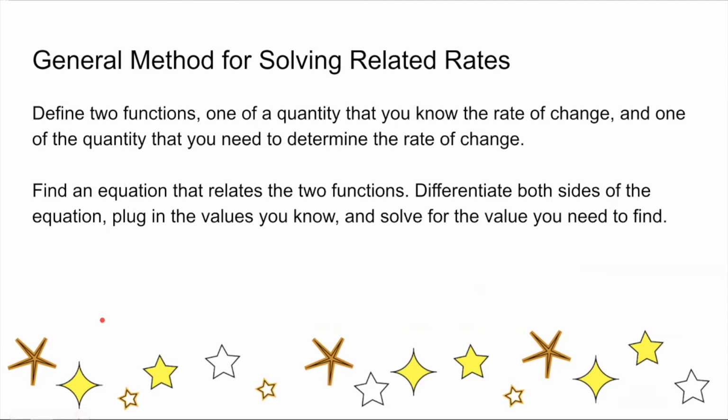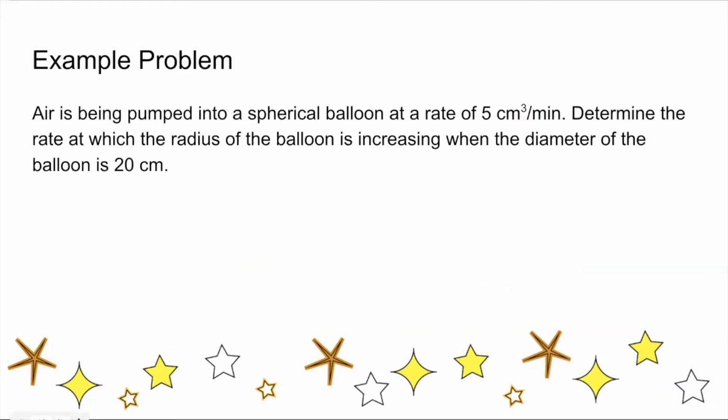So the general method for solving these problems is to define two functions, one of a quantity that you know the rate of change and one that you don't know the rate of change, and find an equation that relates the two functions, differentiate both sides of the equation, plug in the values you know, and solve for the value you need to find. So for this example problem, we can define two functions, the volume and the radius.